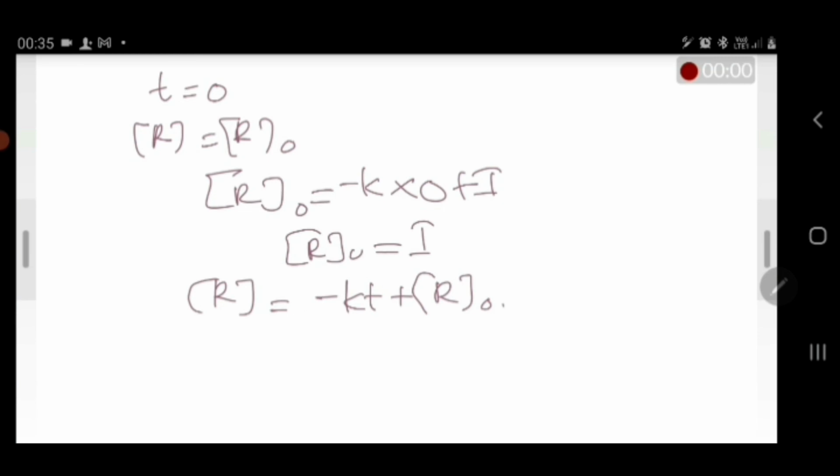This is also in the form of the equation of a straight line, that is y is equal to mx plus c. So you can plot a graph that comes like this.